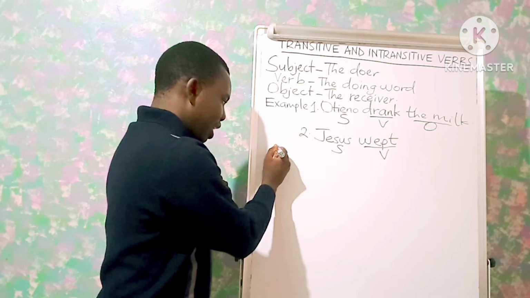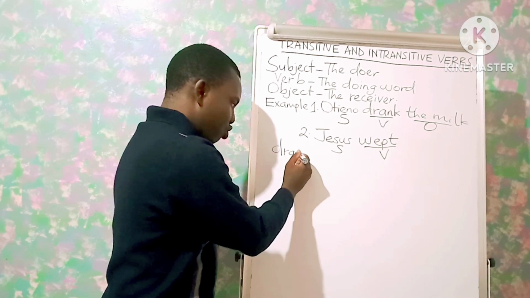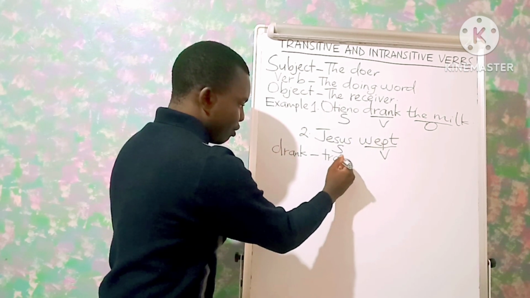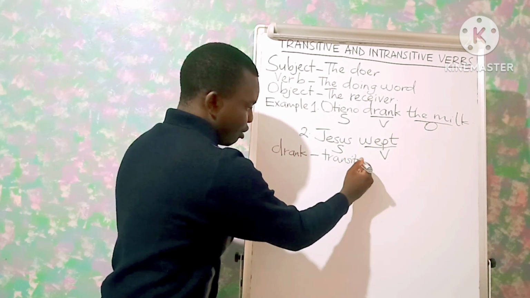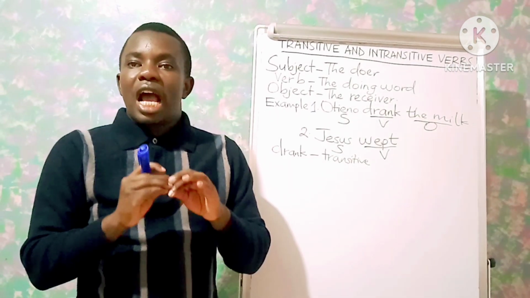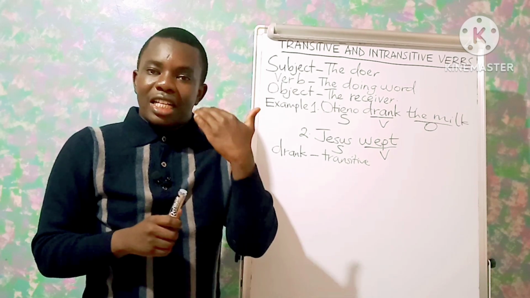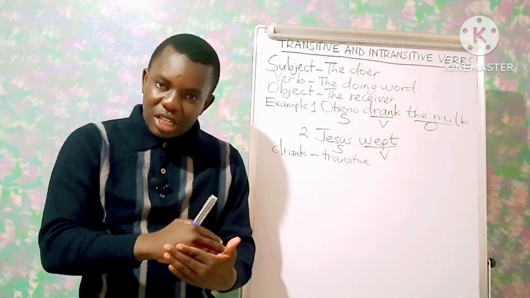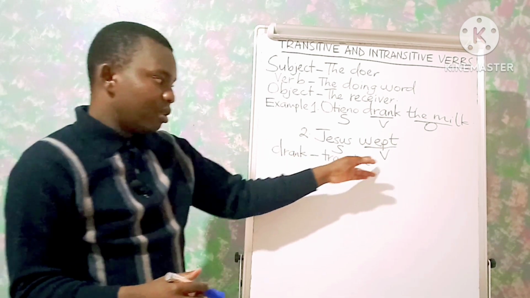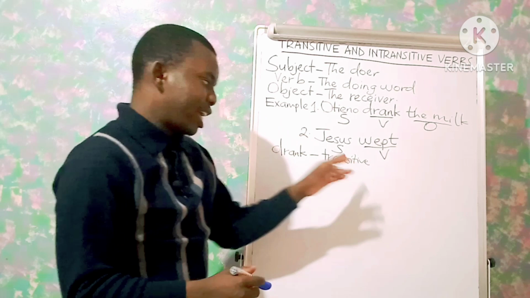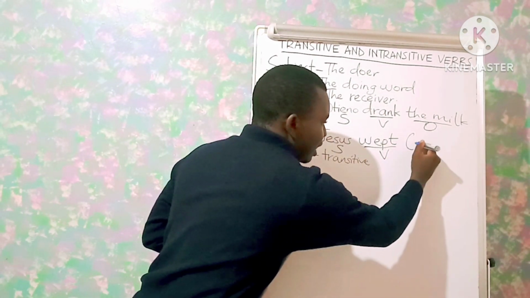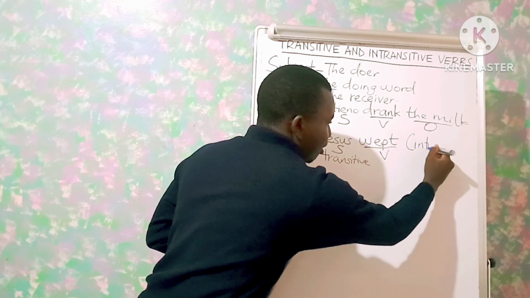So like the verb drank in that case is transitive, while in an event that a verb appears in a sentence and there is only the subject and there is no object, then that verb becomes known as intransitive. So like the verb wept here is an intransitive verb.